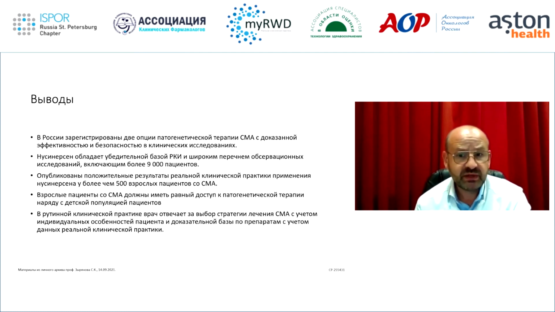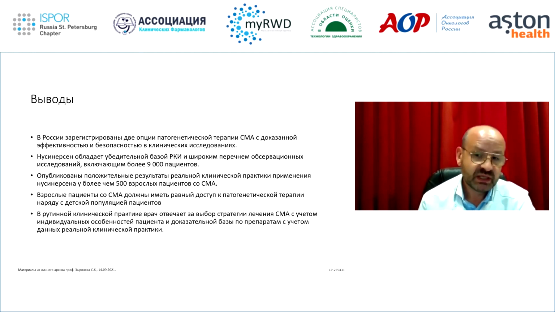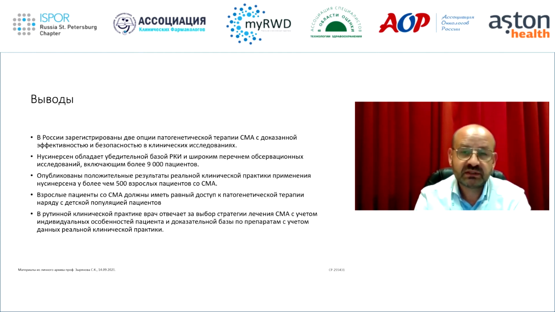First of all, data on nusinersen, and we can say that these methods work, the drugs work, not just on children, but also on adults. And we can also use these drugs on adults with other types of SMA, such as type 3.